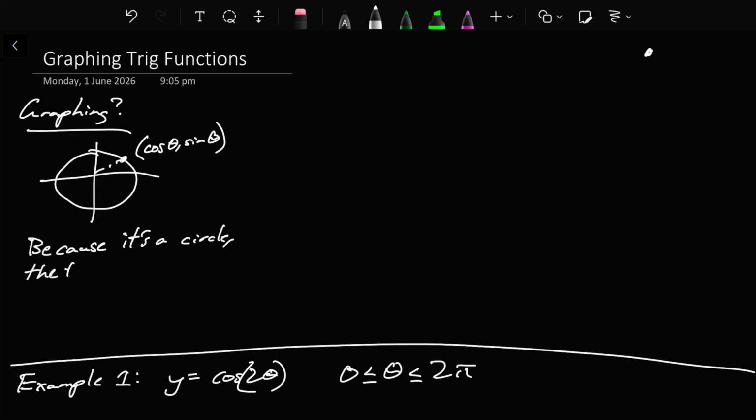the trig functions are called circular. You've probably seen that in your books already. They're called circular, and this means they repeat.